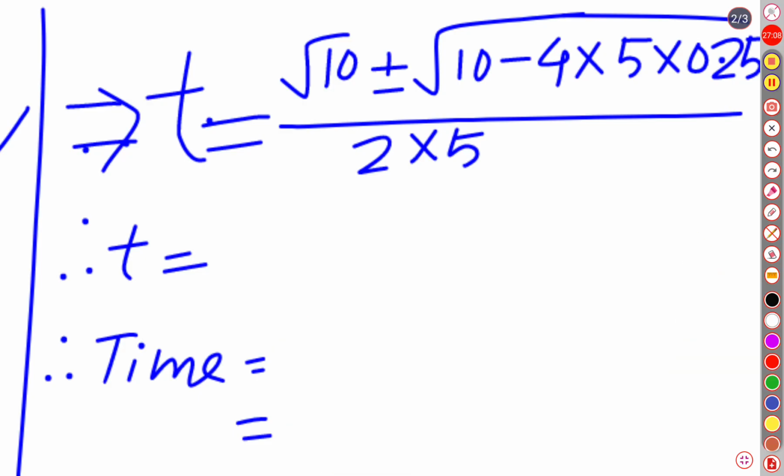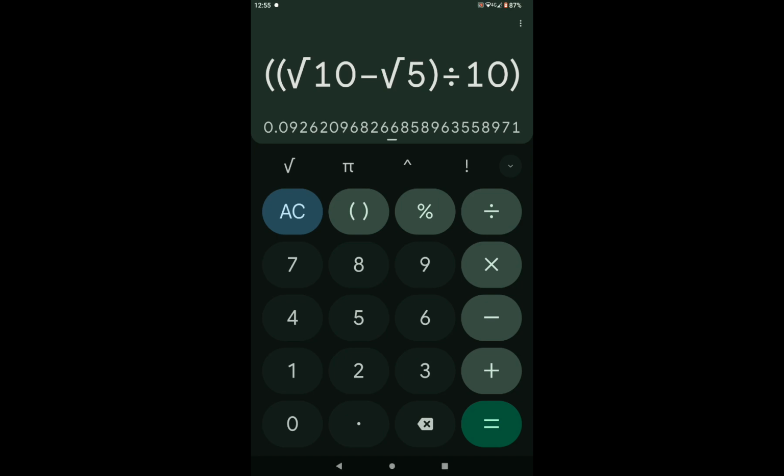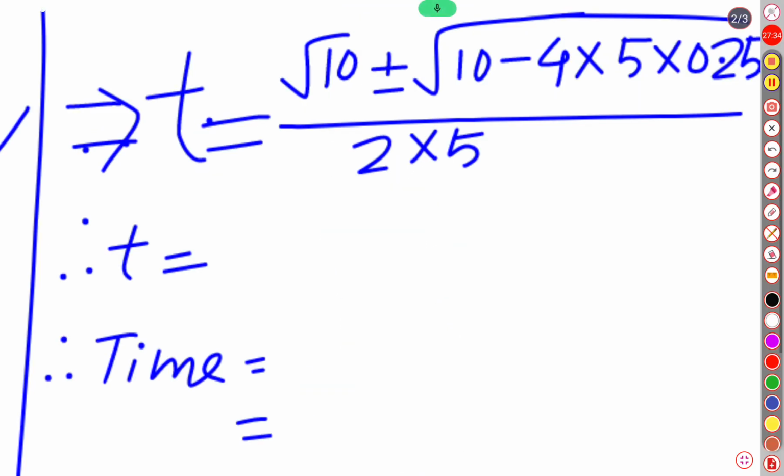The calculator says (√10 plus √5) over 10 is 0.5398. 0.5398 is the greater result.